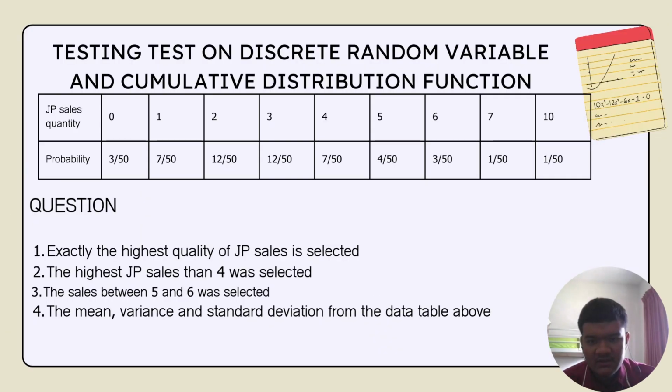This is the data for the test on discrete random variable and cumulative distribution function we collected from this project. The data shows the JP sales quantity and the probability of it. The slide shows the 4 common questions that are always asked to calculate from the data we have.